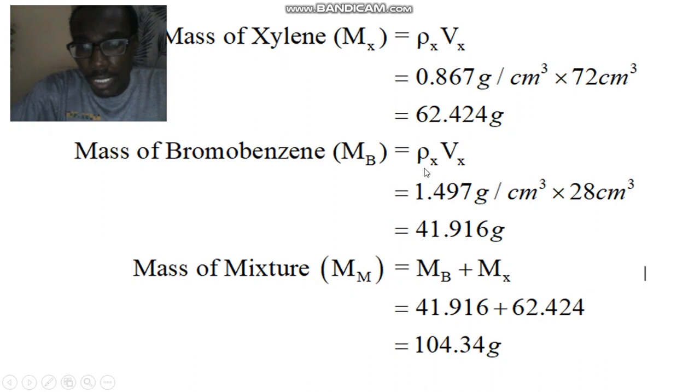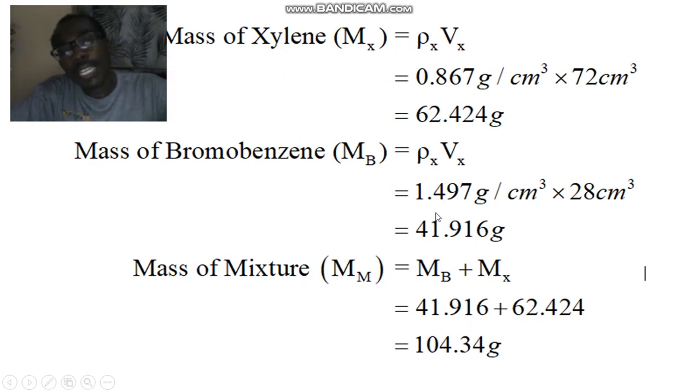You go on with the same approach. You multiply the density of bromobenzene and the volume of bromobenzene to get the mass of bromobenzene. However, pardon me, this side is supposed to be rho B, not X. X is for xylene, but this is supposed to be rho B and also volume of B. So density of bromobenzene multiplied by volume of bromobenzene gives you the mass of bromobenzene, as you can see here.